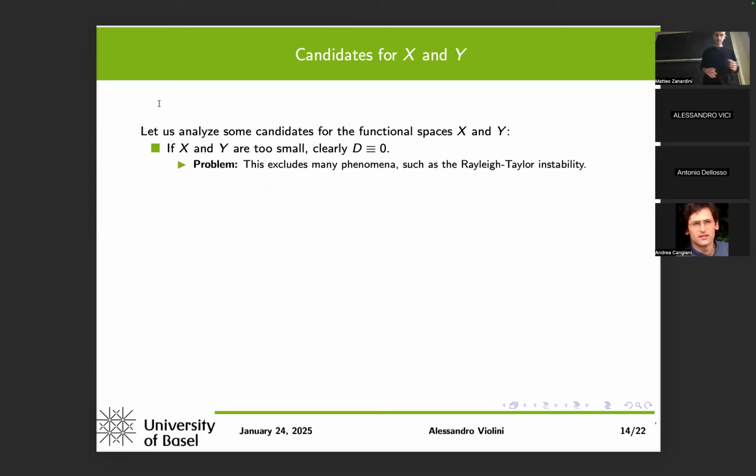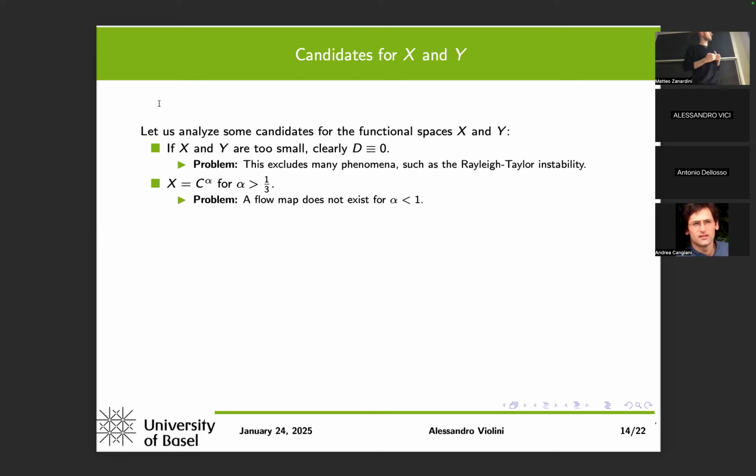So you can think, okay, let's pick X as Hölder regular with alpha slightly bigger than 1/3. So I will conserve the energy by the Onsager theorem, but it's not very regular. The problem is that if your velocity field is alpha-Hölder, you don't have a flow map because you don't have enough regularity to really transport the density.